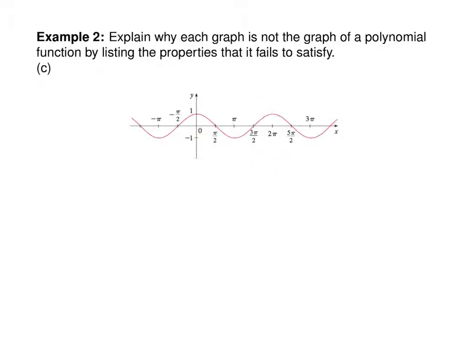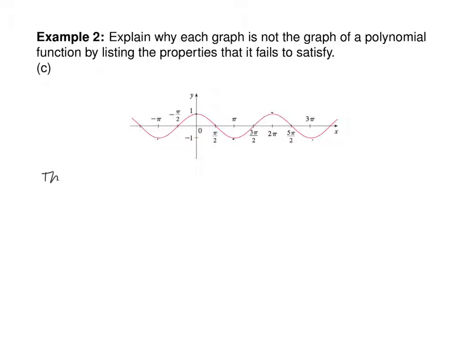Okay, so this is a graph of a function called cosine, which we'll discuss later in this class, post-spring break. So assuming that this pattern continues indefinitely, what is the problem with this one? Is it continuous? Yes. Does it appear to have domain all real numbers? Yes. But the problem is if this goes forever and ever, how many turning points are there? Infinite.